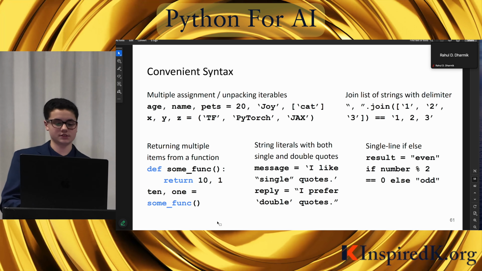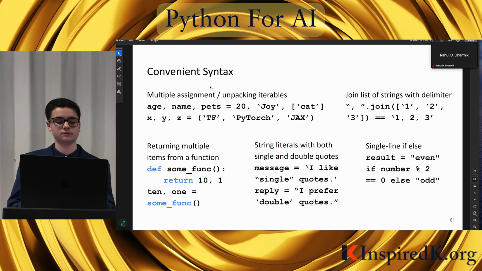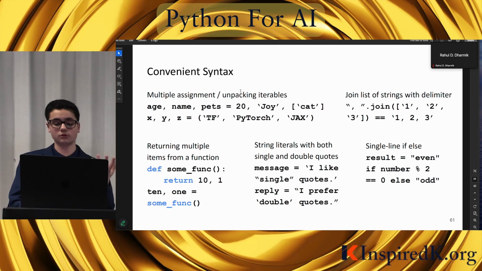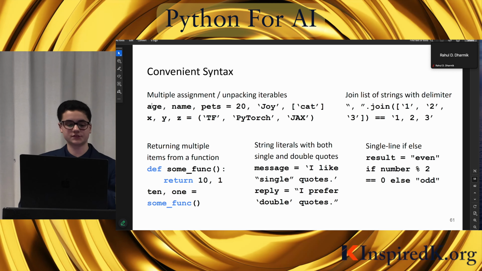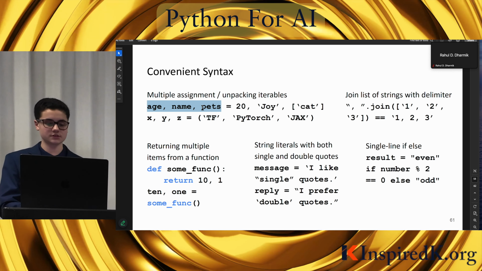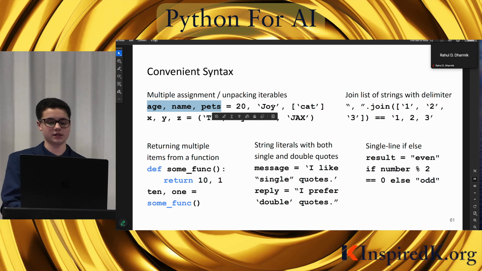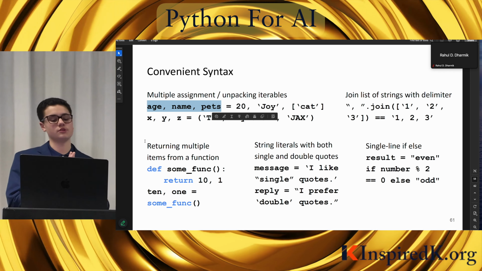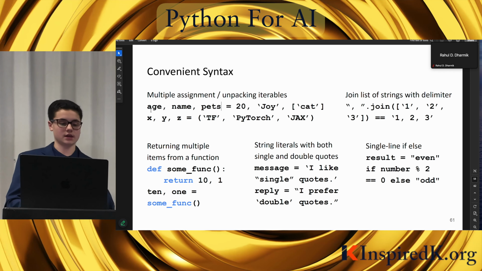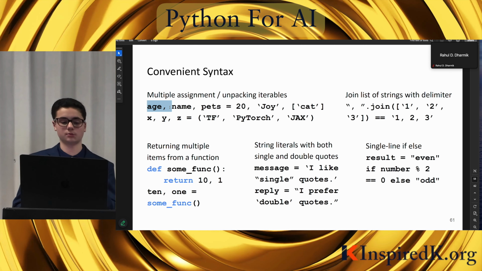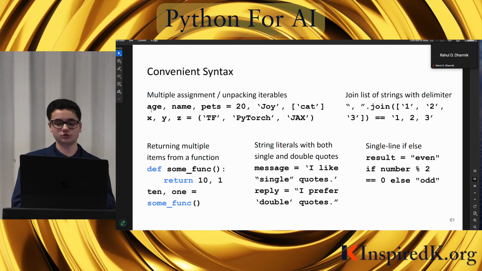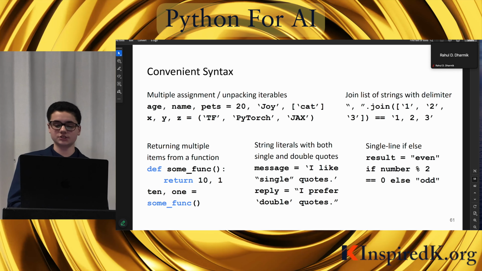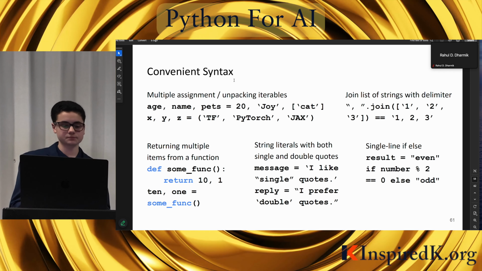Some other convenient syntax includes assigning multiple values to different variables. So for example, if we want to assign age, name, and pets for a given person with their age and what pets they have, we can do this in one line by having age, comma, name, comma, pets equal to the integer 20 for age, the string joy for name, and the list with the string cat for pets.